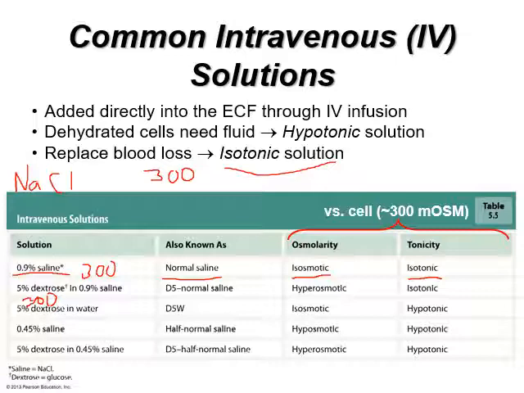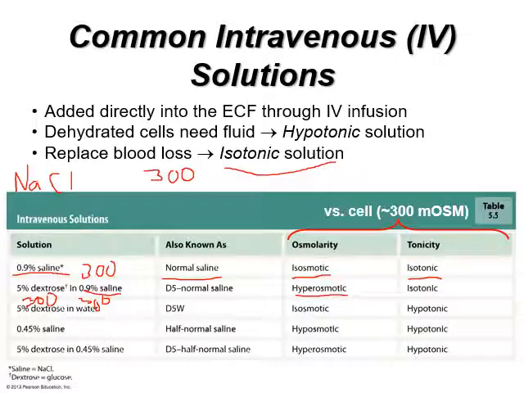But the dextrose is in with normal saline, which also adds 300 milliosmoles to the solution. So this solution here has a total of 600 milliosmoles. So if you compare osmolarity of this solution to the cell, 600 compared to 300, it makes the solution hyperosmotic.